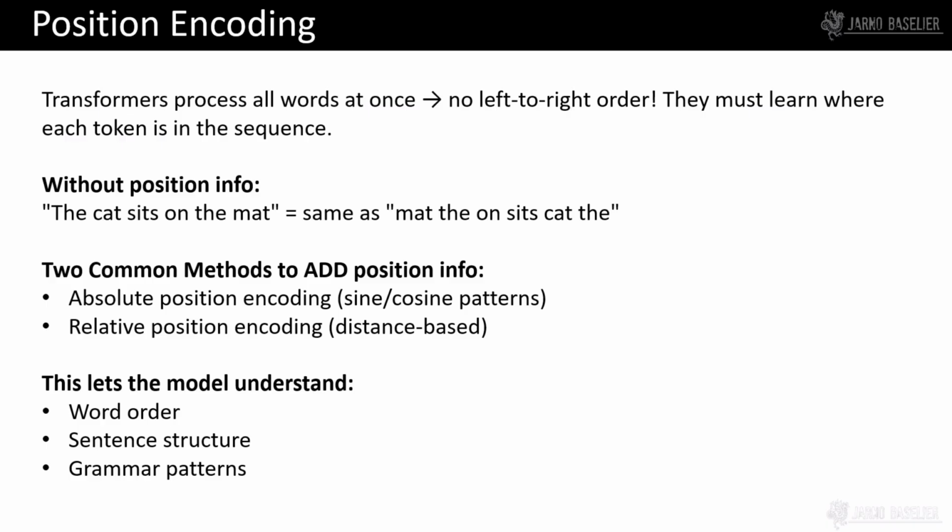One is absolute position encoding with sine or cosine patterns, and the other is relative position encoding, which is distance based. And this lets the model understand the word order, the sentence structure, and the grammar patterns. Most of the time, the relative position encoding, or distance based, is used.